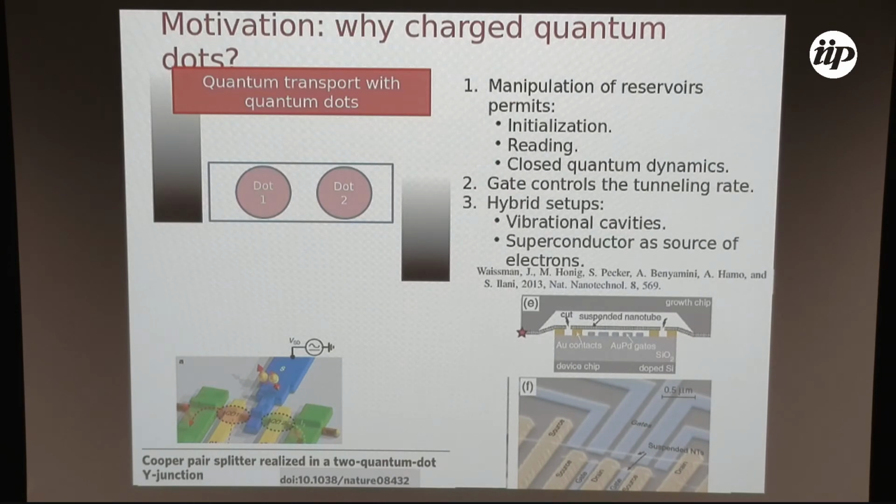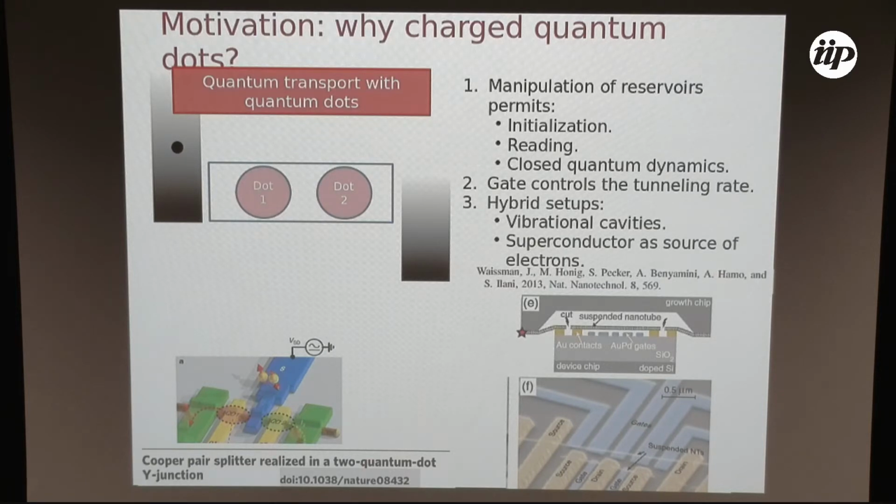And how can you describe the charged quantum dots? Okay, so let's say that I have two quantum dots here, and I couple the quantum dots to electrodes, which means that we can have, for instance, two semiconductor quantum dots coupled to some metallic reservoir.